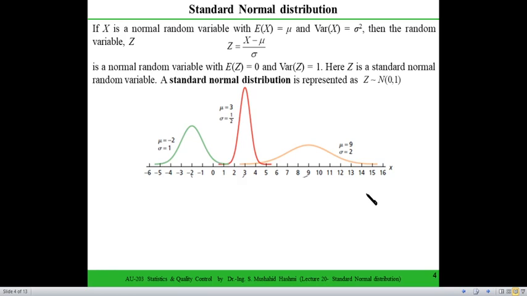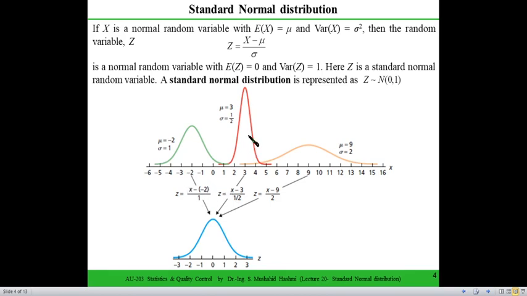So what we do is transform each of those distributions into a variable called z. In that case, z would be x minus its mean value of -2 upon its standard deviation of 1, so it would be x plus 2 upon 1.